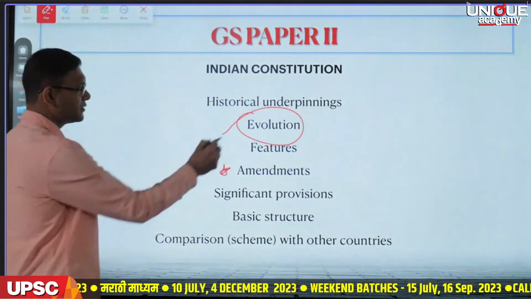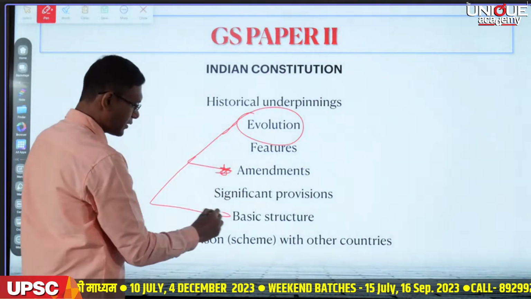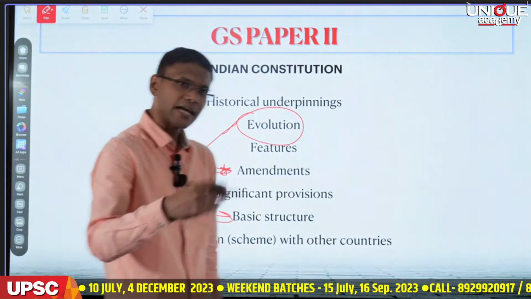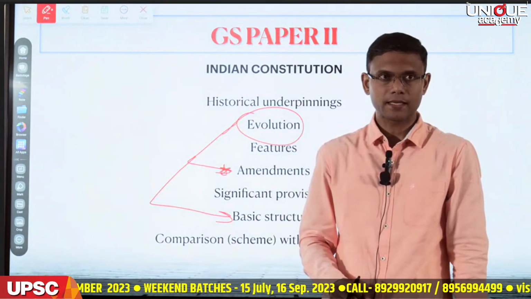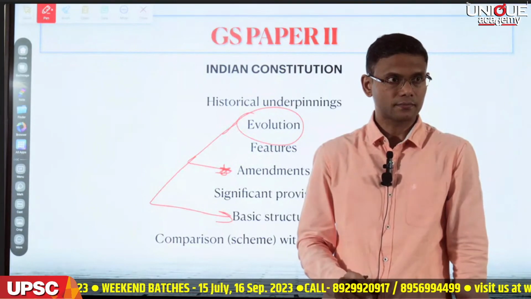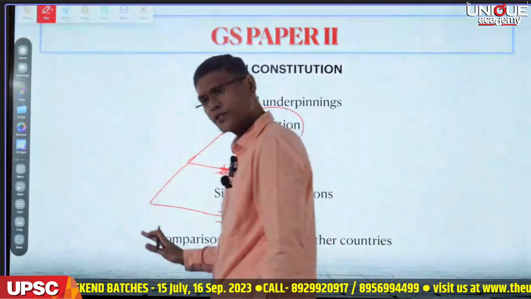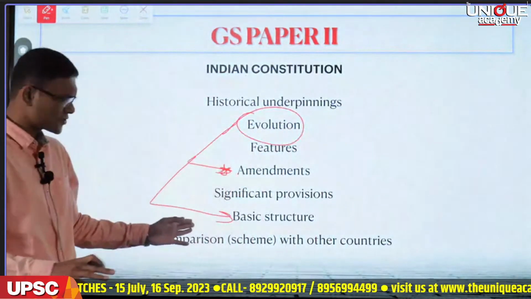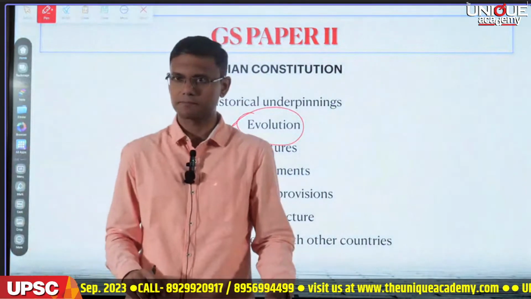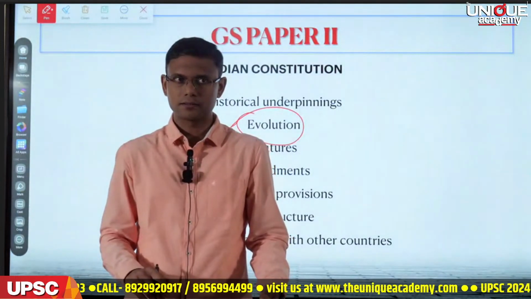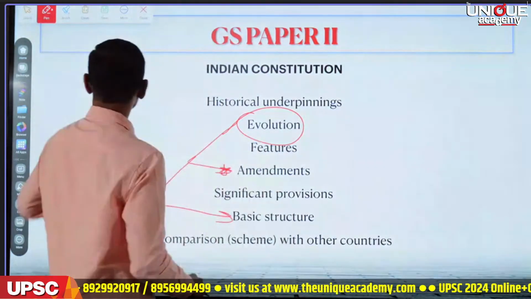So under evolution, we will be talking about amendments, and we will also be talking about the basic structure as well as some interpretations of the constitution by the Supreme Court. Clear? Everyone? And you may come across questions on this. They have asked questions on basic structure. They can repetitively keep asking questions on basic structure again. Fine? Okay. Let's move to the next point.